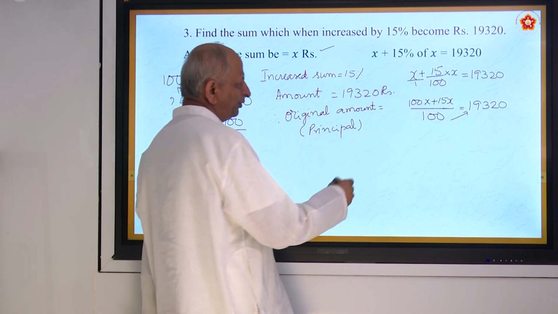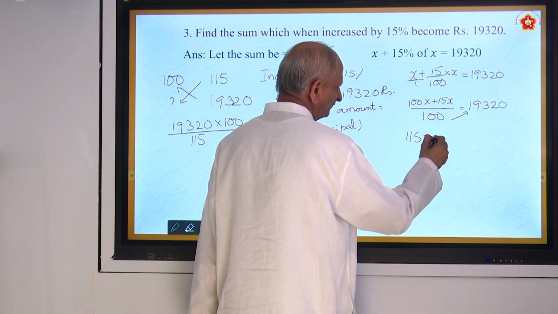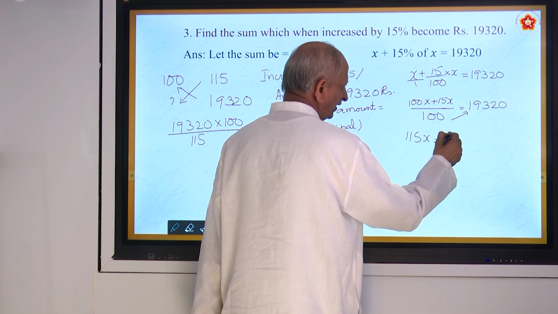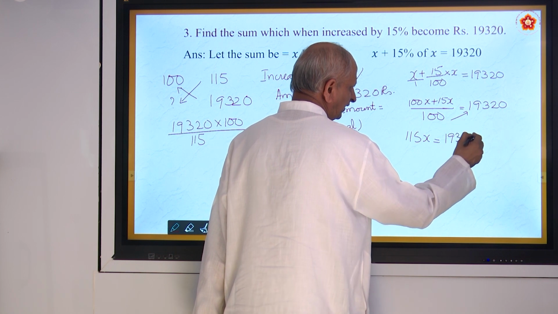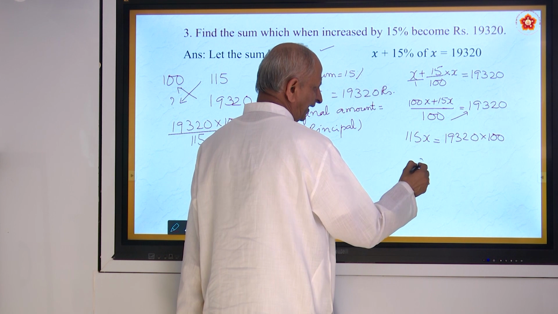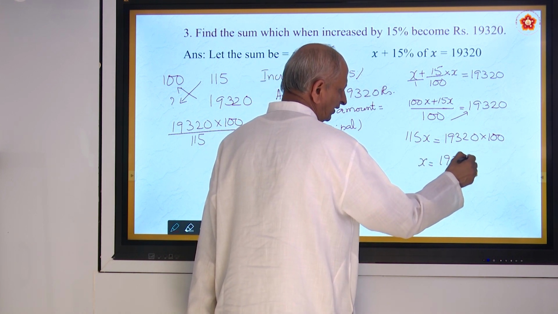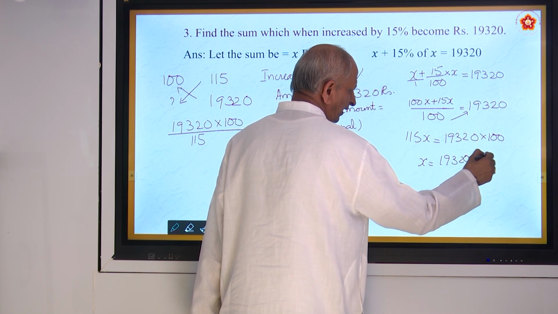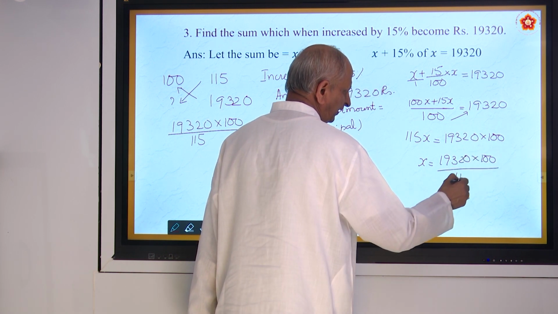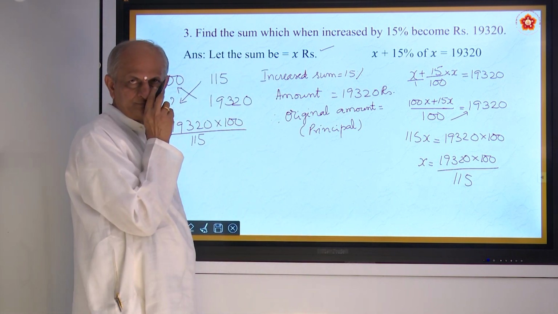So what happens here? 115x is equal to 19,320 into 100. X is equal to 19,320 into 100 by 115. See, the same thing here.